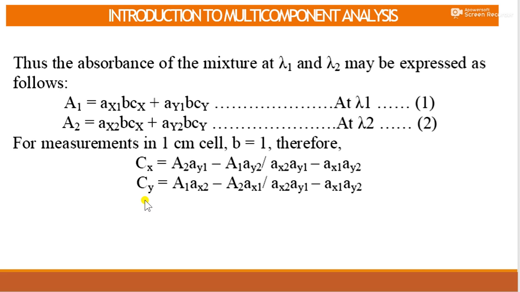Similarly, Cy can be calculated as capital A1 into Ax2 minus capital A2 into Ax1, upon Ax2 into Ay1 minus Ax1 into Ay2. So, if you have the absorptivity of both the drugs at both the wavelengths, and the absorbance of the sample at both the wavelengths, you can calculate the concentration of both the components.